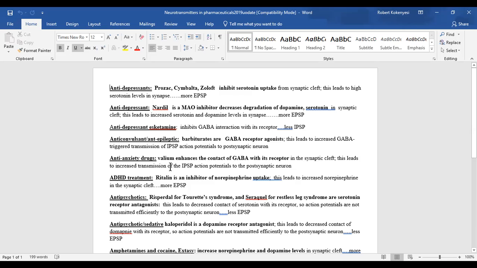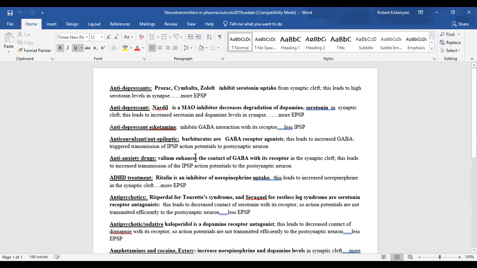When this happens, we are increasing inhibition in the postsynaptic neuron and therefore lowering anxiety, lowering that unusual high level of activity in our central nervous system.